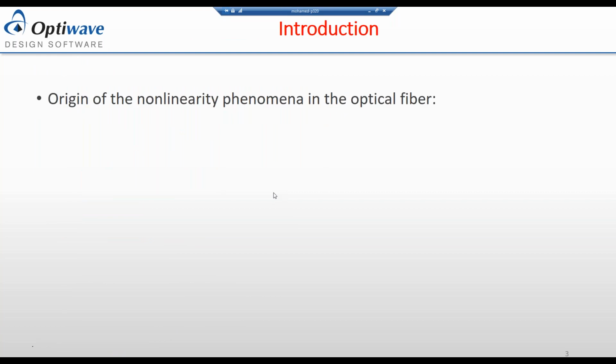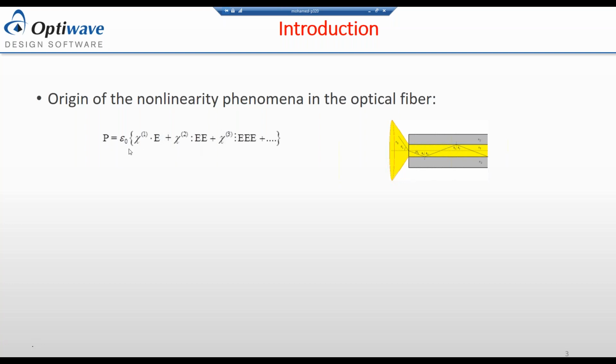Okay, so let's start now with the origin of the nonlinear phenomena in optical fiber. As you know, optical fiber has a very small cross-section area, and the light is launched inside it. Due to the high intensity, the electric field produces polarization inside the optical fiber. This polarization is proportional to the electric field in different ways.